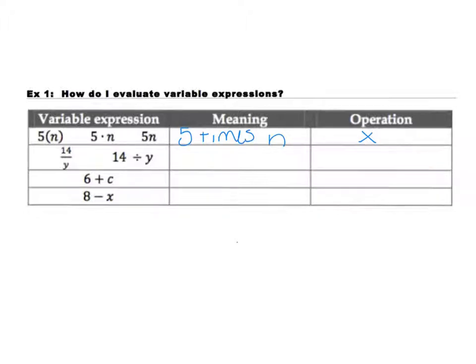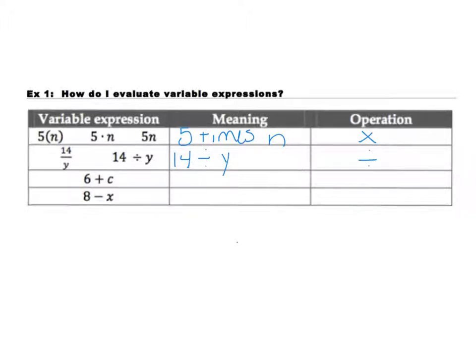All right, in the next one, I have 14 written as a fraction all over y. Remember that that fraction bar means to divide. So I have 14 divided by y. And the operation here, whenever you see these, is going to be to divide.